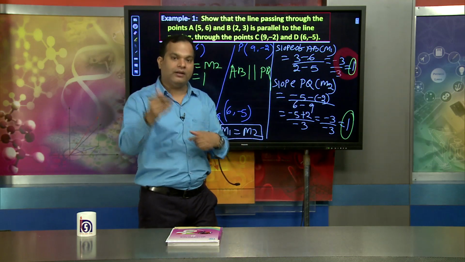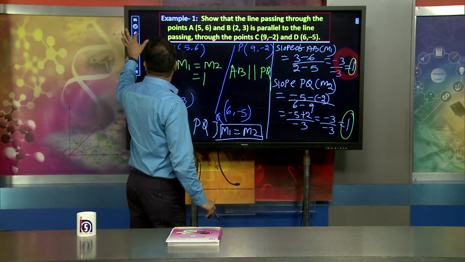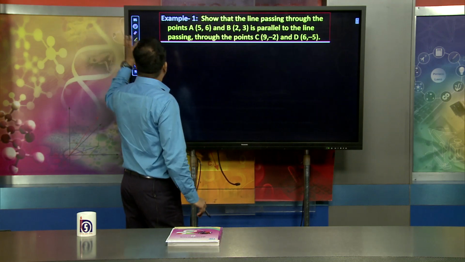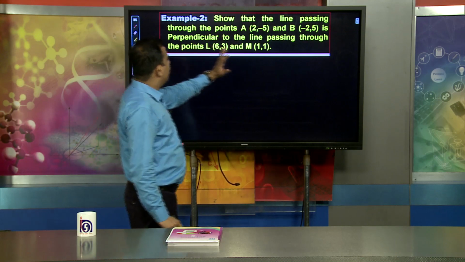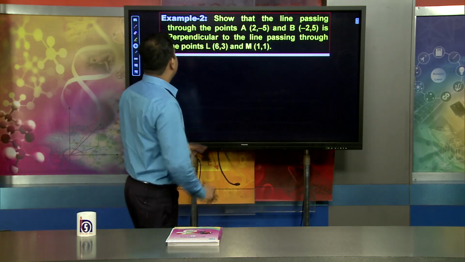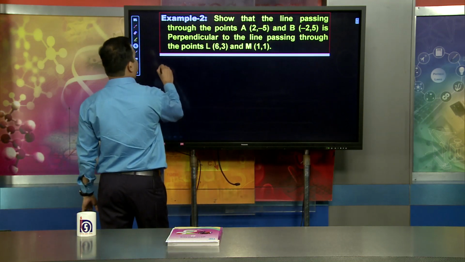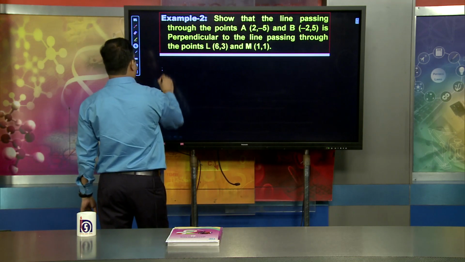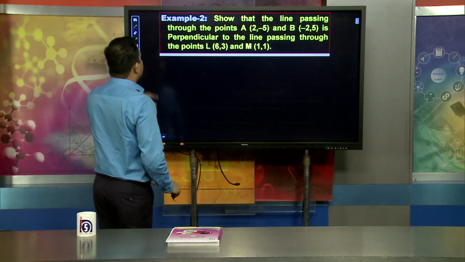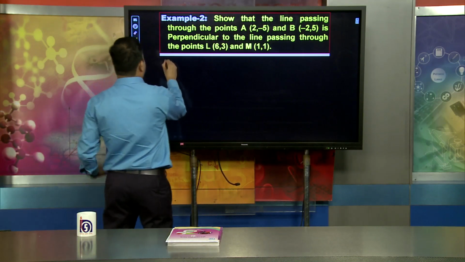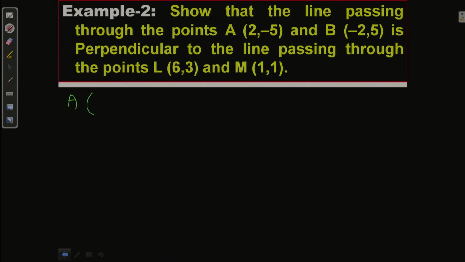So right now we have to show another thing, when the lines are perpendicular. Suppose AB is a line, with the point A given as 2, minus 5, and B the point minus 2, 5.